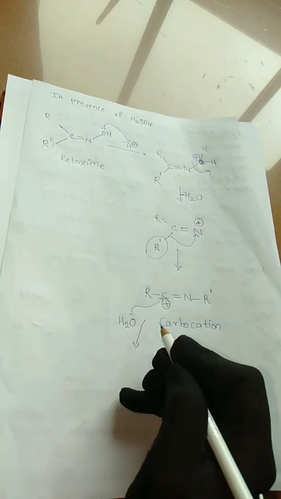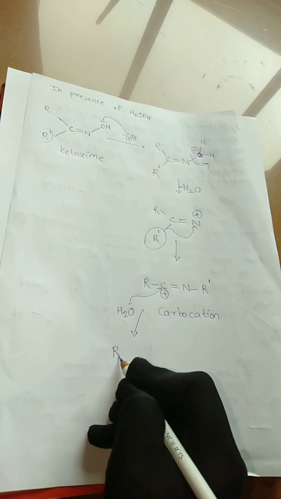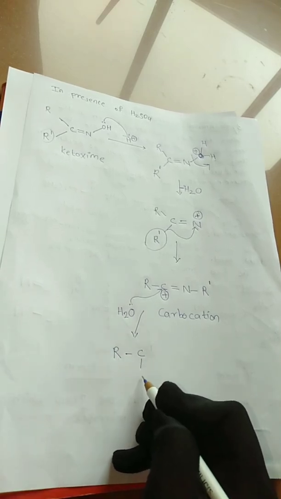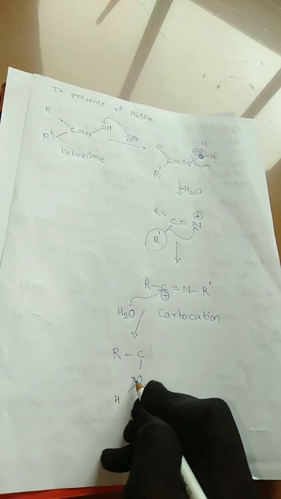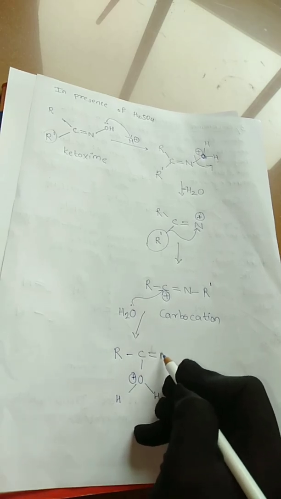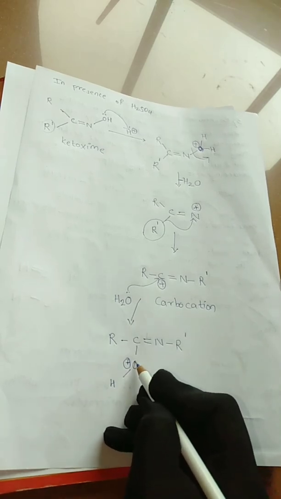This water molecule will attack this carbocation. So we will have R, C, with carbon attached to this water molecule. Oxygen will carry a positive charge and this group will be as it is.